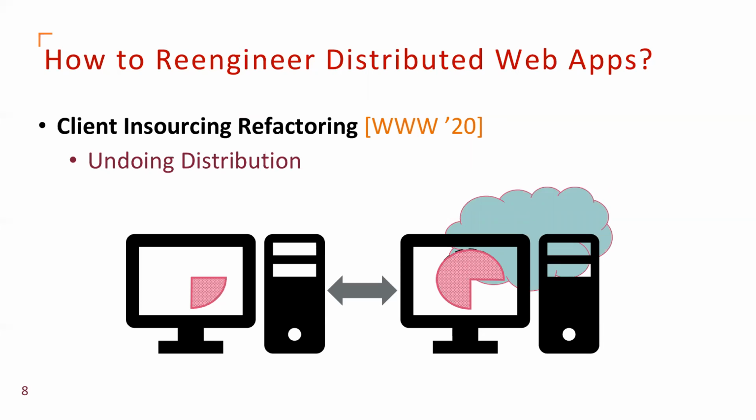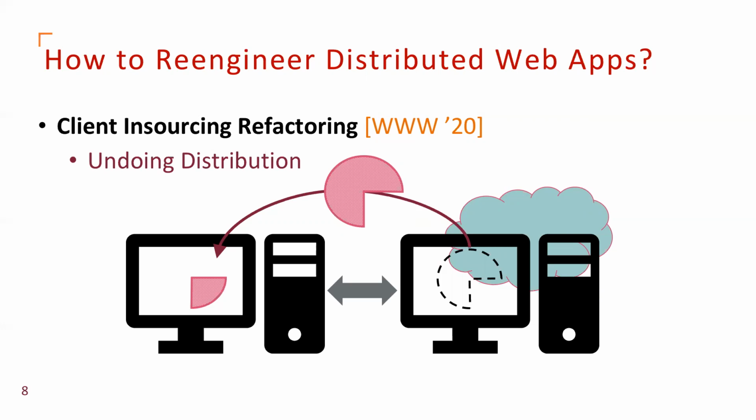To evolve distributed applications, I propose a new type of refactoring, client insourcing. This refactoring undoes the distribution. To that end, client insourcing identifies the functionality in a server program, and it moves this part into the client program to integrate it with the rest of the program in the client.